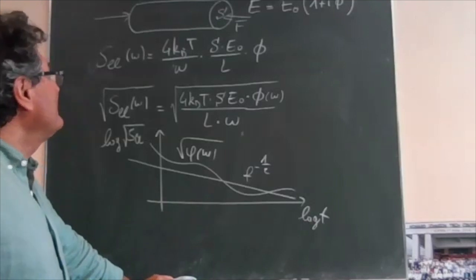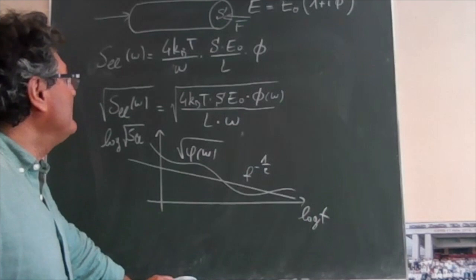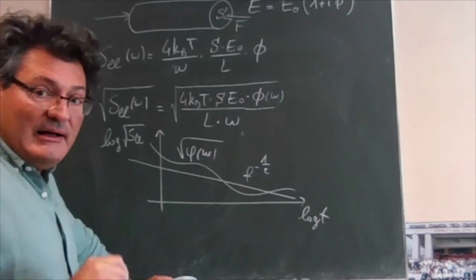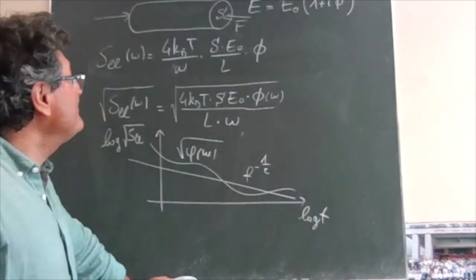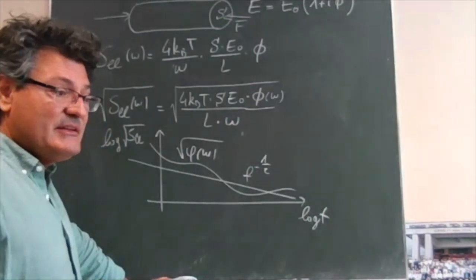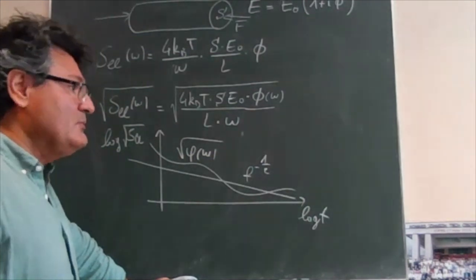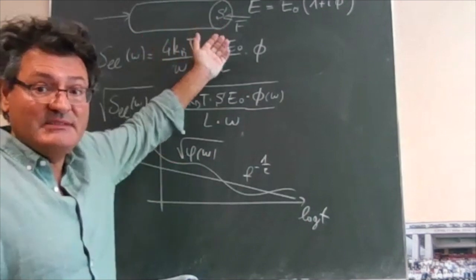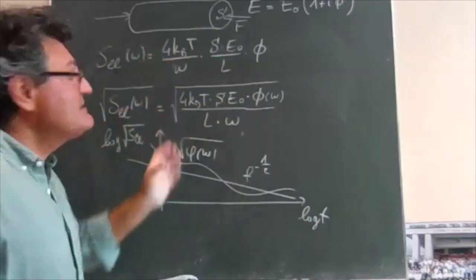Okay. Now let's move to a system that is a bit more complicated than this. So a system that is made, well, practically it's the same system, but we attach at the end of it a mass, because here the mass is not contemplated.